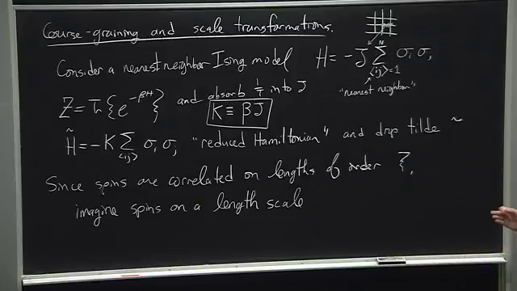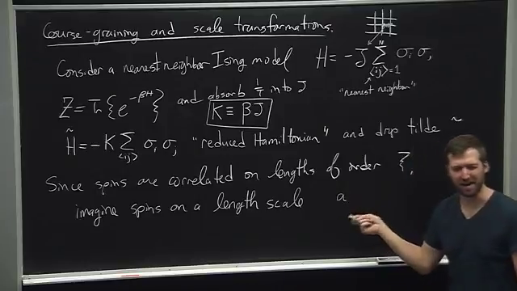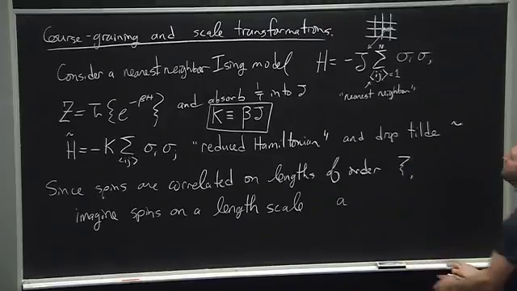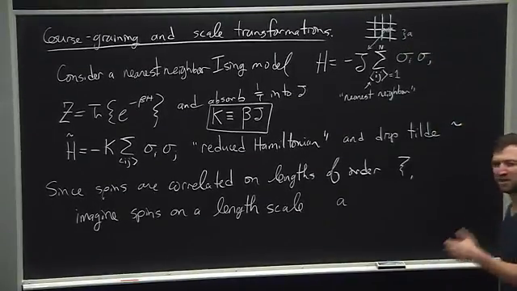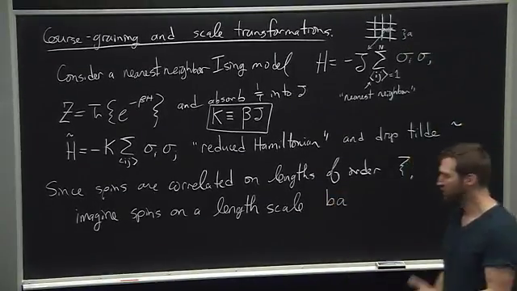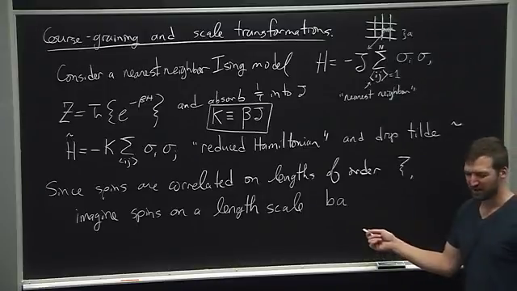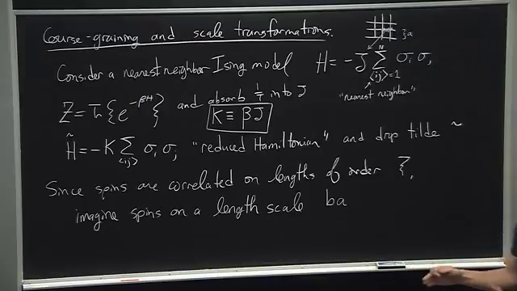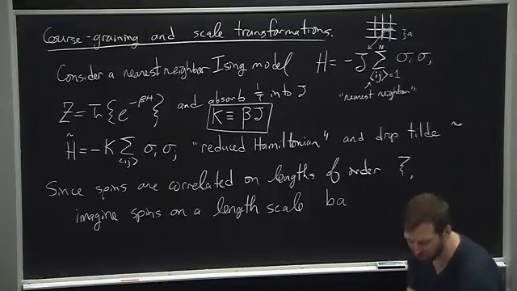So since we're correlated over large lengths, I can imagine spins on a length scale of some constant times A, right? So A is this length here. Let's call that constant B. So imagine whatever that is, a unit or a block of scale BA acts as a single spin effectively because it's all one correlated unit.